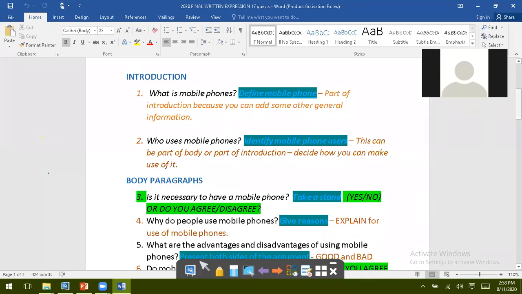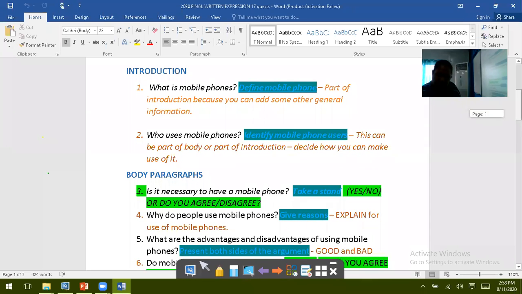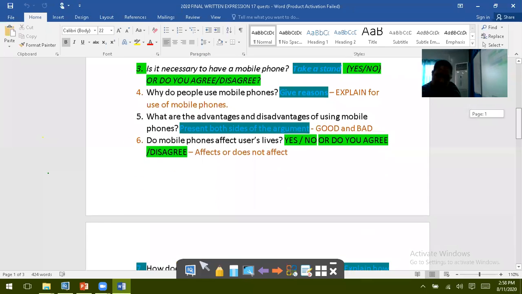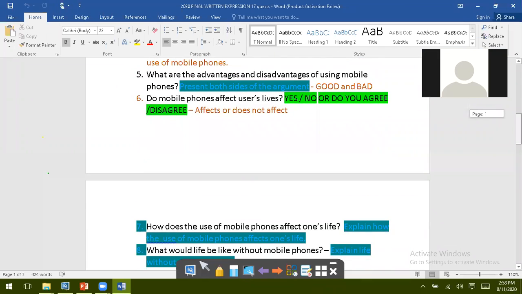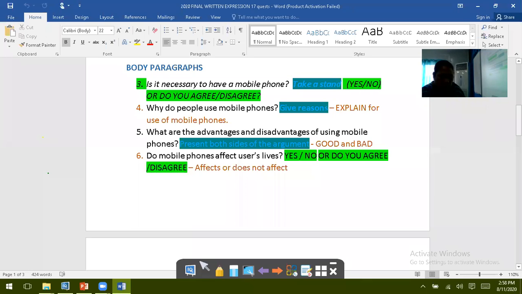No. No? Why is that? Is there anything that you're not sure about? Miss, would you know what the question is on the written expression for the grade 10s?